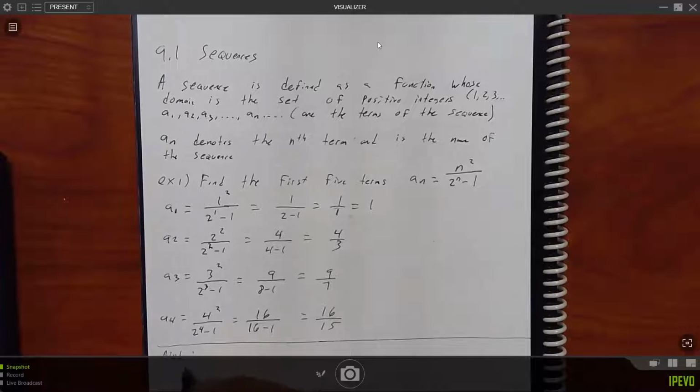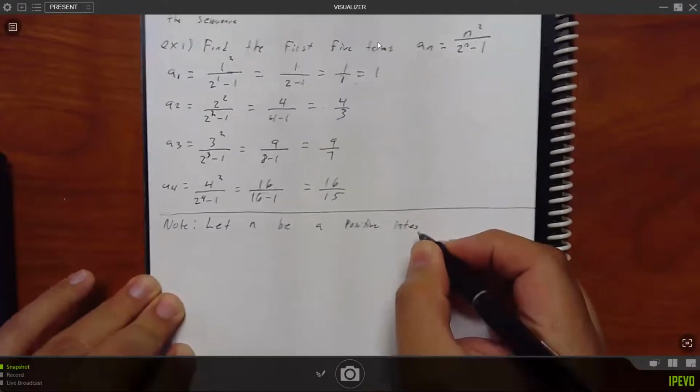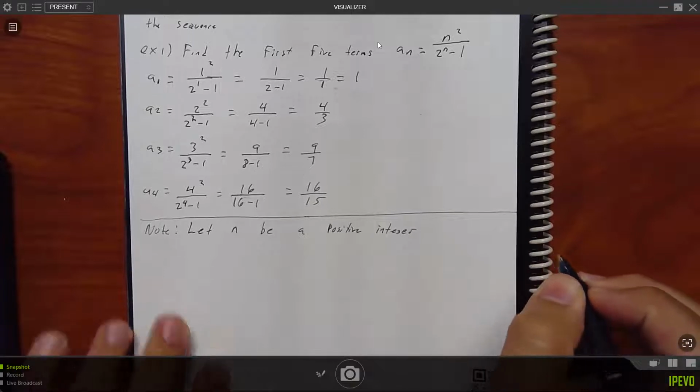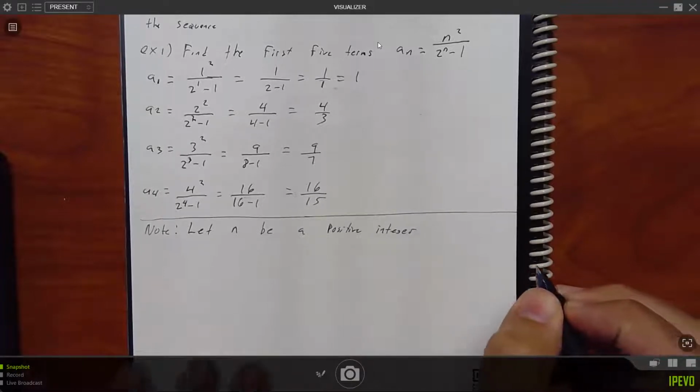Do you guys remember what factorials are? So let n be a positive integer.